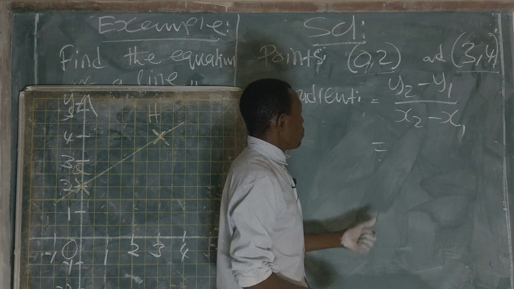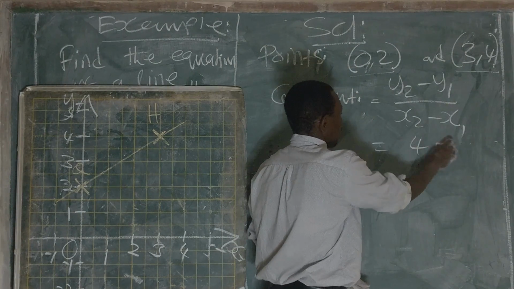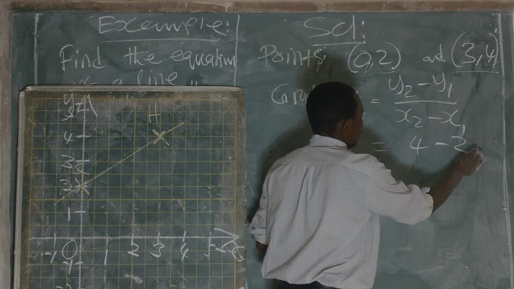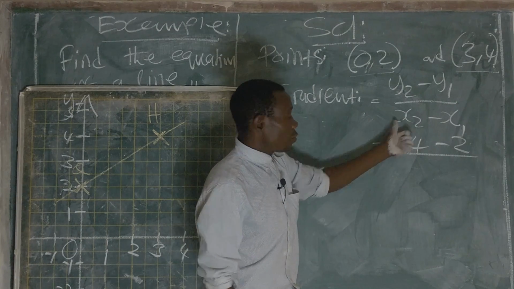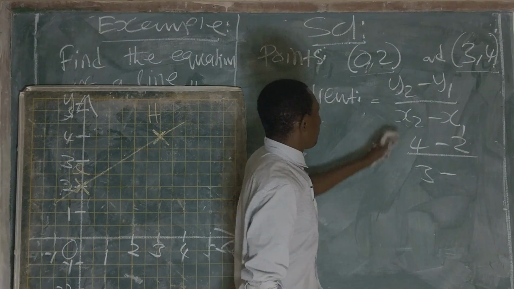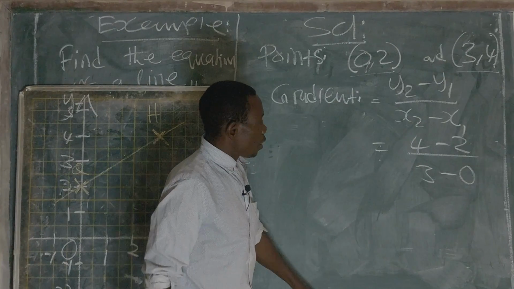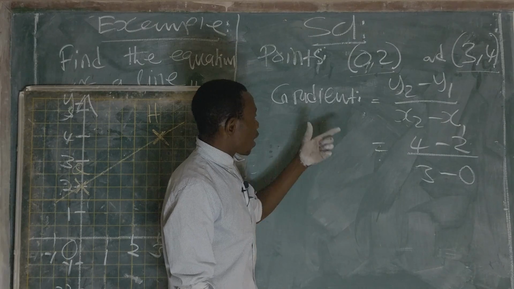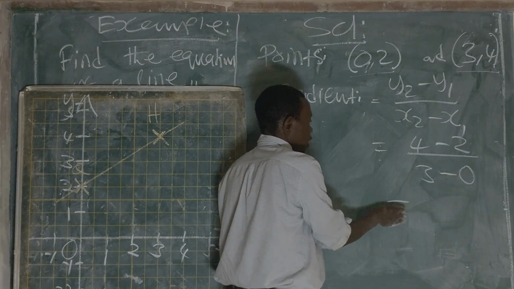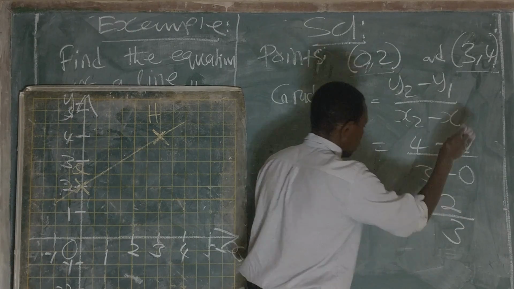So y2 in this case is 4, minus 2, over x2, which is 3, minus 0. So the gradient here is equal to 2 over 3.